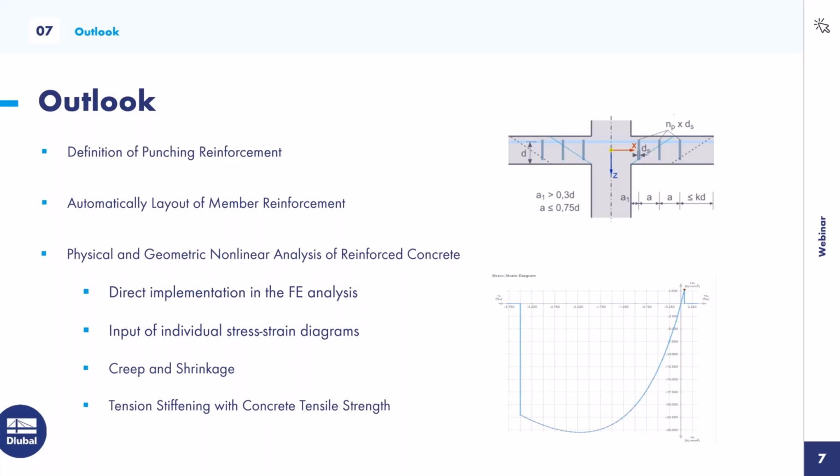Further, it will be possible to define individual stress-strain diagrams for the concrete or the reinforcement, so it is not only fixed stress-strain diagrams according to some standards. We can really work with individual stress-strain diagrams. The time-dependent material properties like creep and shrinkage will be available by two methods.